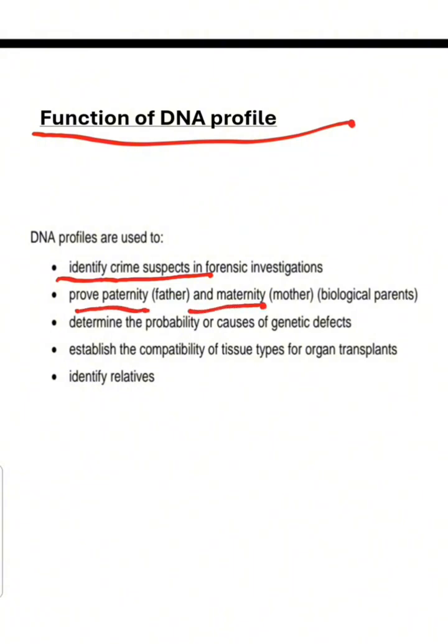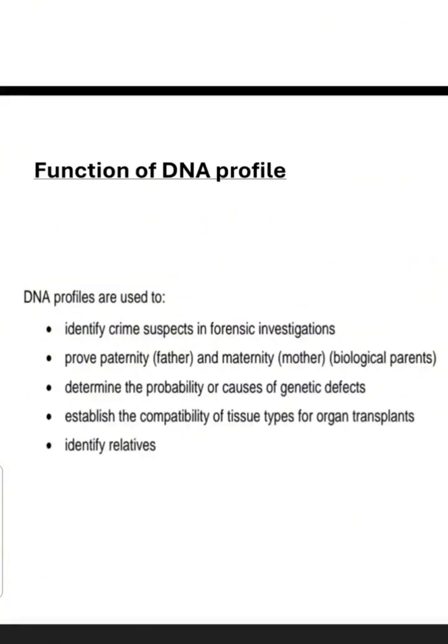Then determine the probability or causes of genetic defects, like to identify if a certain disease is caused by genetics or not, to establish the compatibility of tissue types for organ transplant. For example, if you want to donate an organ to somebody, then you have to perform a DNA test to check whether your DNA matches with the other person, and to identify relatives.